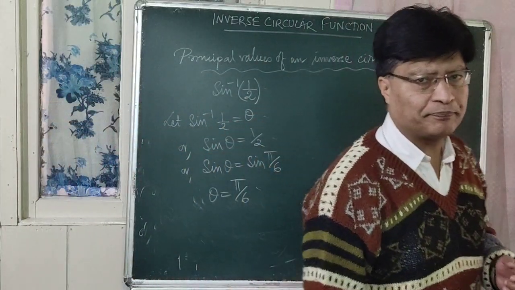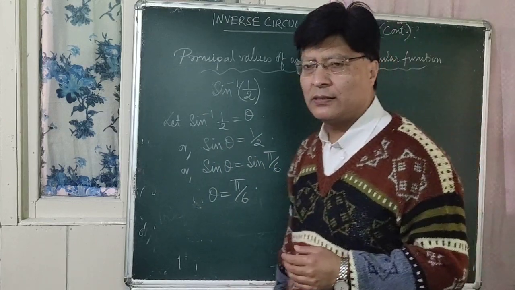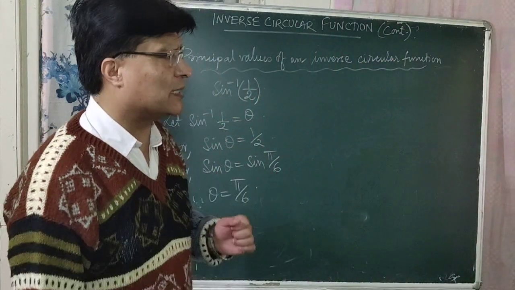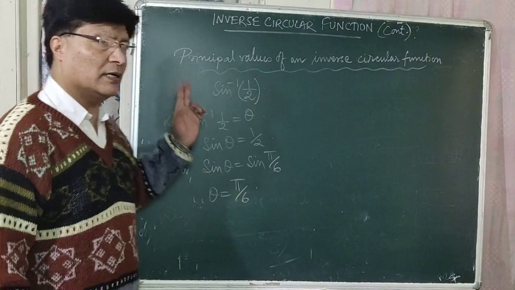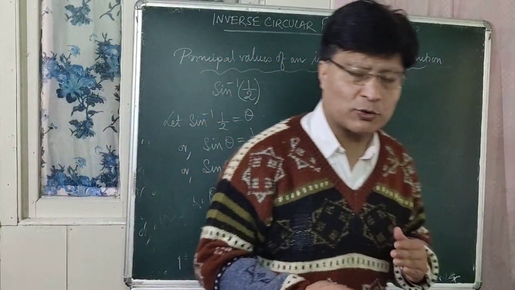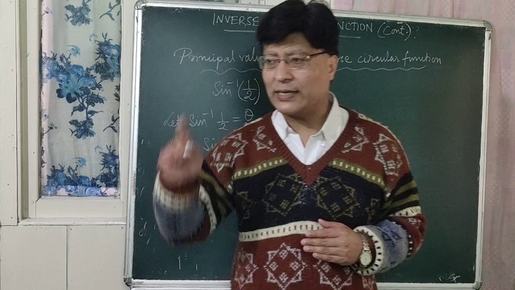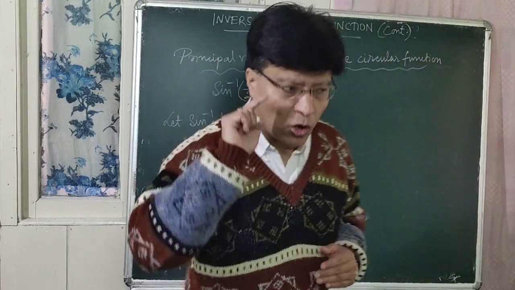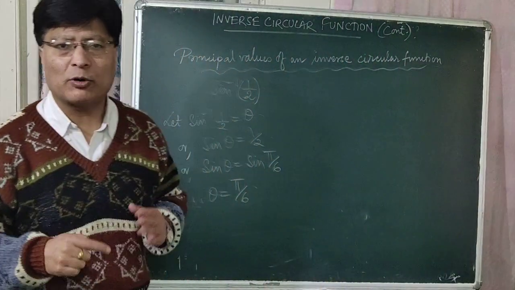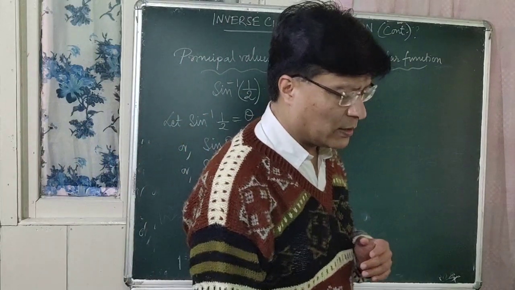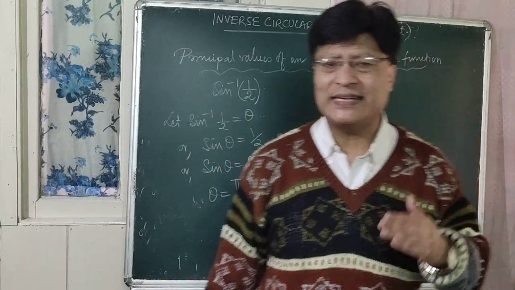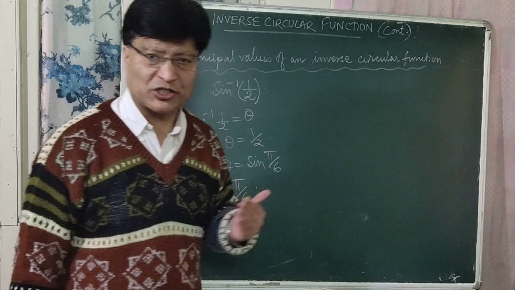Now in class 11, I told you that sine theta is positive in the first quadrant and in the second quadrant. You know that all trigonometrical ratios are positive in the first quadrant, and in the second quadrant sine and its inverse, that is cosec, are positive.